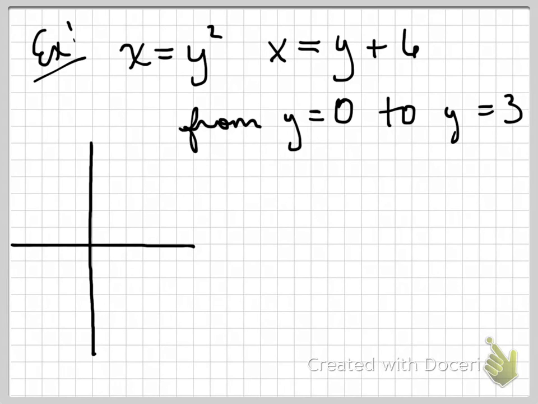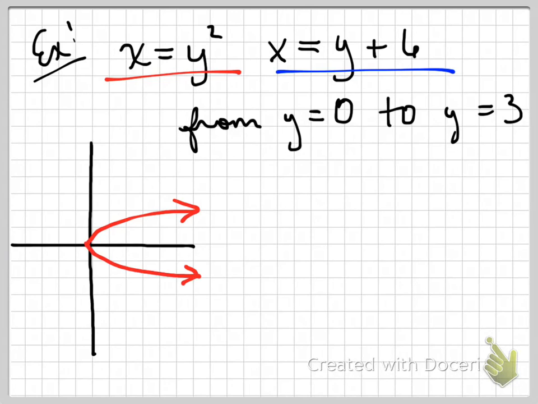All right, so the last example I'm going to look at is a little bit different because these are x equals equations instead of y equals equations. So remember that graphing is almost the same, it's just going to go to the side. So x equals y squared goes over here.